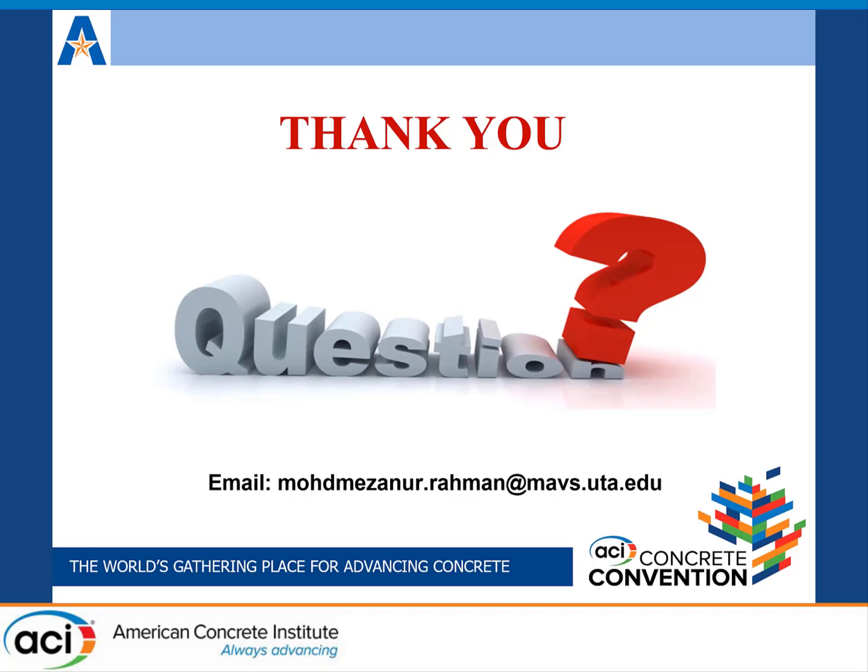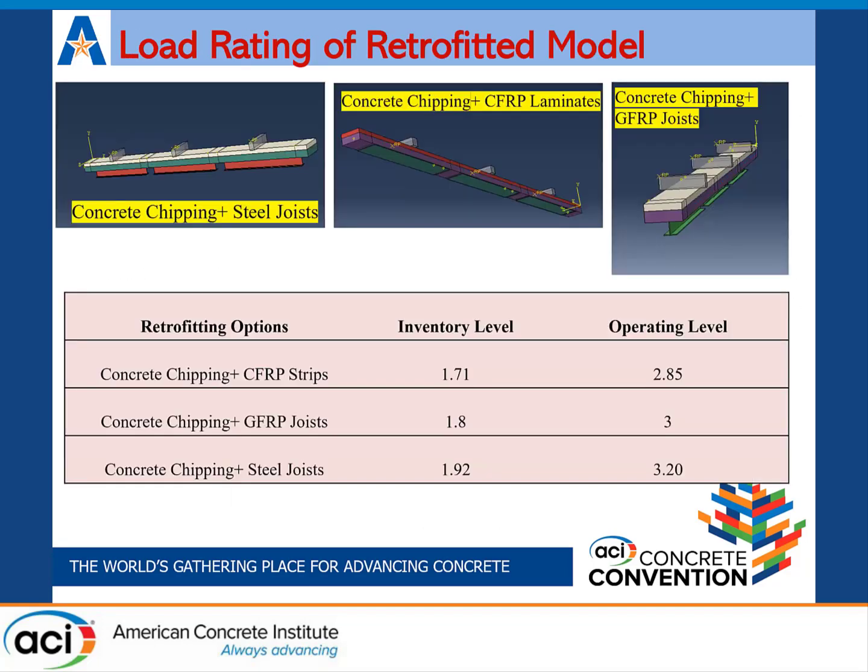Oh, I calculated the benefit based on the rating factor. If I go back to my slides, I chose the inventory level as the benefit and the cost as the cost. Basically the benefit is explained in terms of time, which one takes less time to get ready to go.